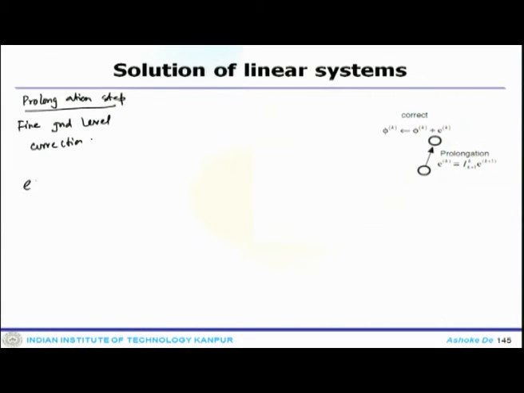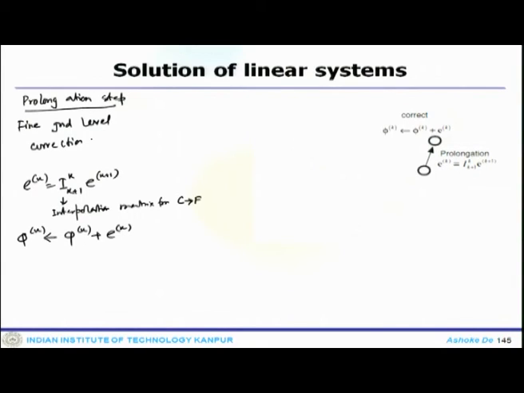So, the error vector is E^k equals I_(k+1)^k E^(k+1), where this is the interpolation matrix from C to F, and finally, phi^k can be obtained as phi^k plus E^k.